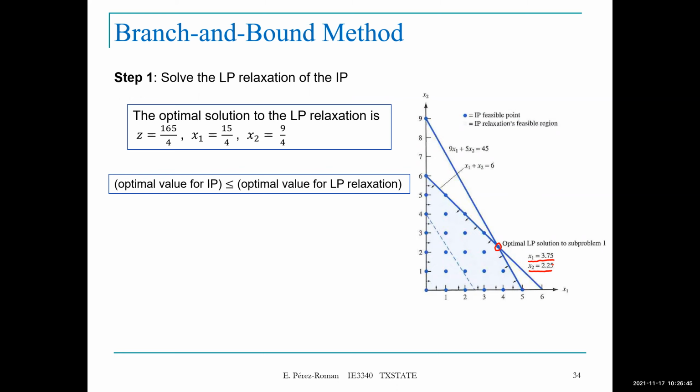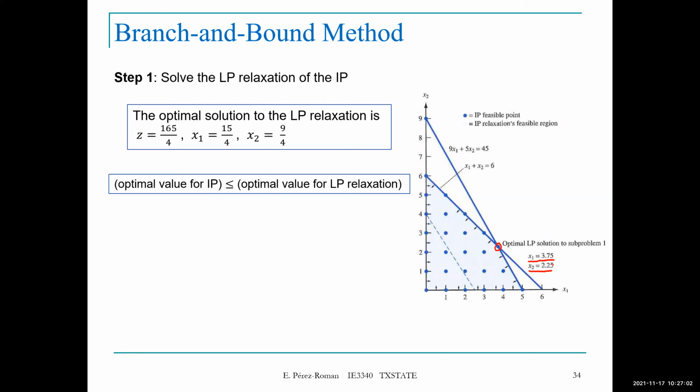And you saw why, right? The integer solution feasible region is always inside the LP relaxation feasible region. So the solution that you're going to obtain is always less than or equal to the optimal value of the LP relaxation.